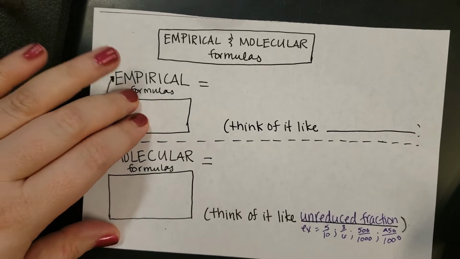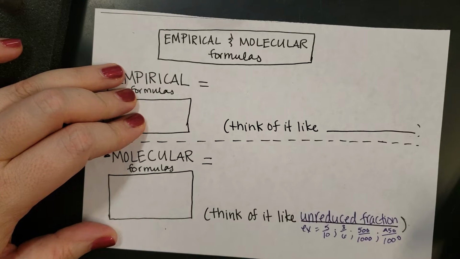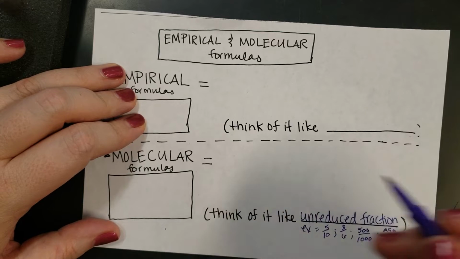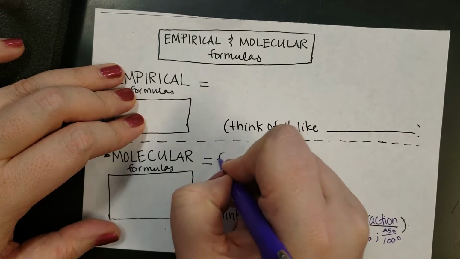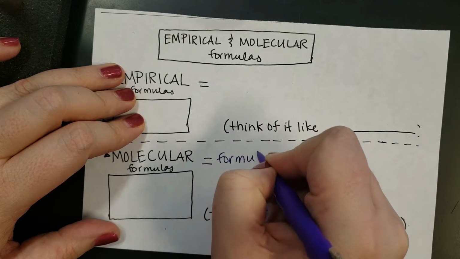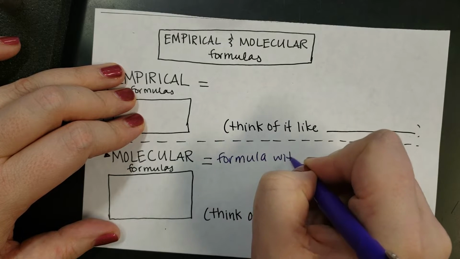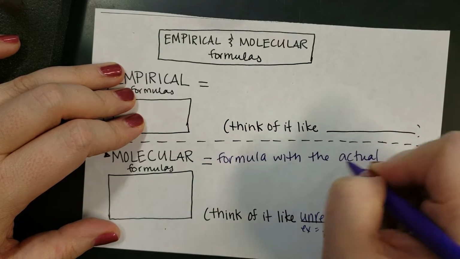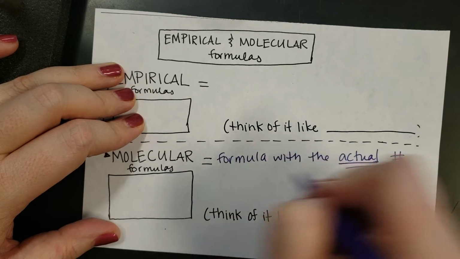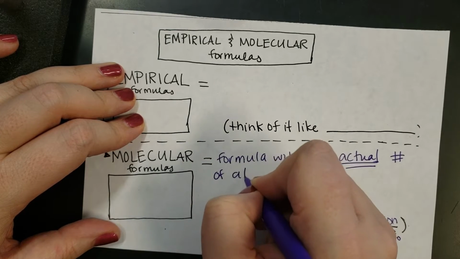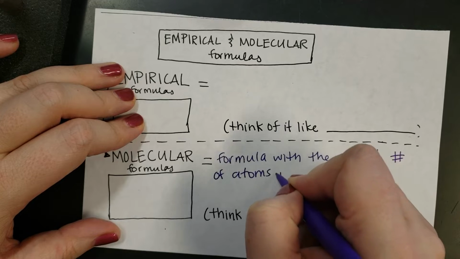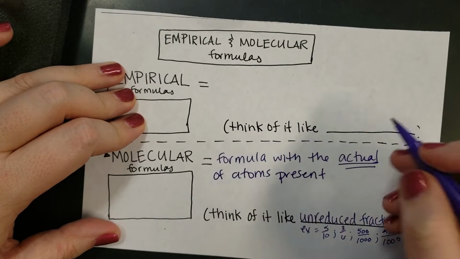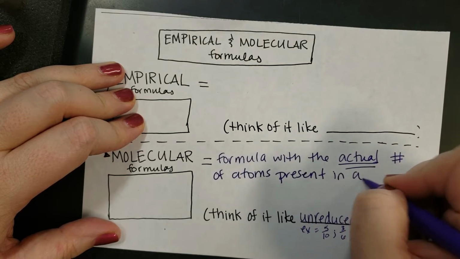These are the formulas that have the actual number of atoms in a chemical compound.